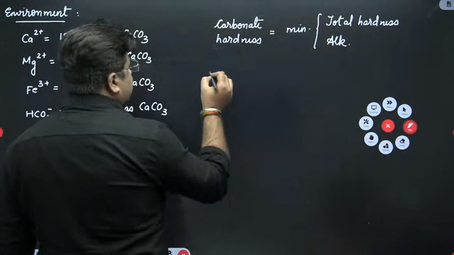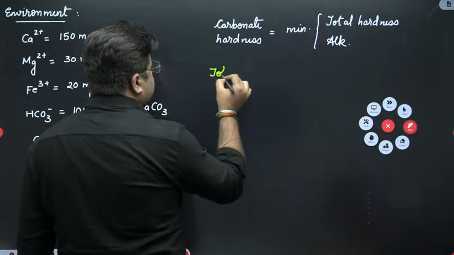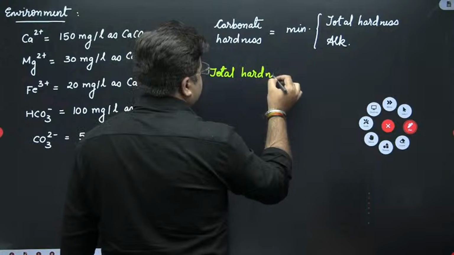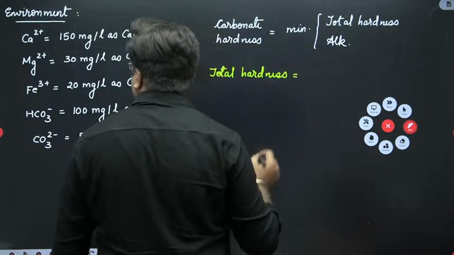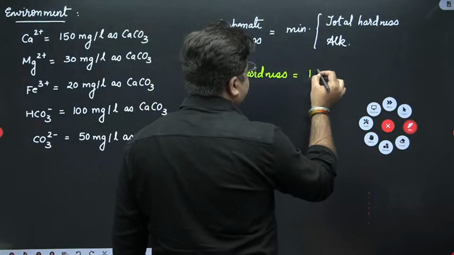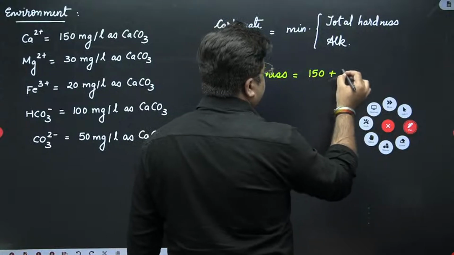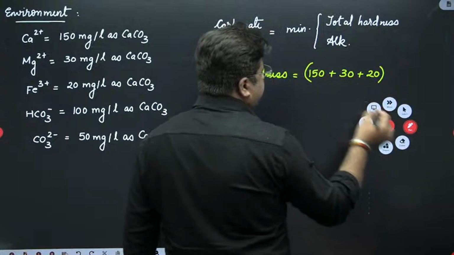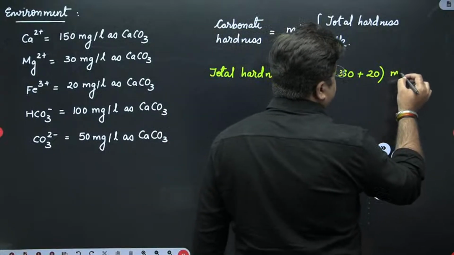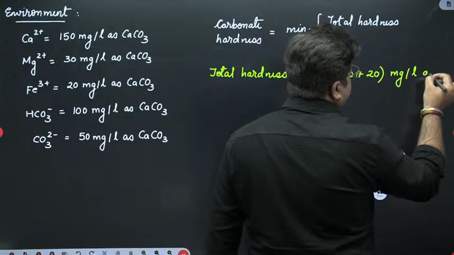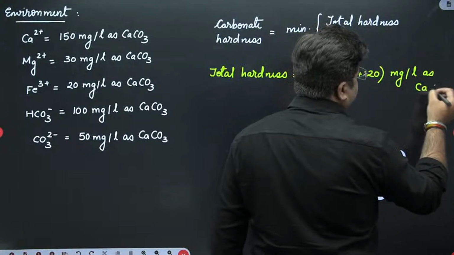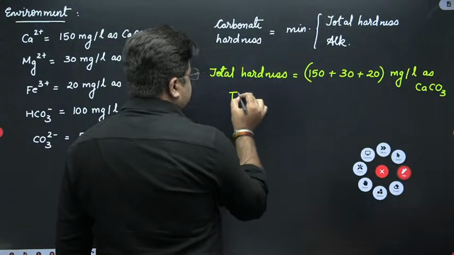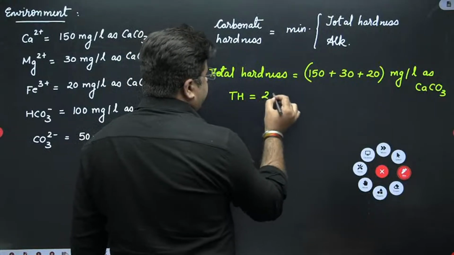So total hardness is equal to 150 plus 30 plus 20 milligram per liter as CaCO3. So total hardness is coming out as 200 milligram per liter as CaCO3.